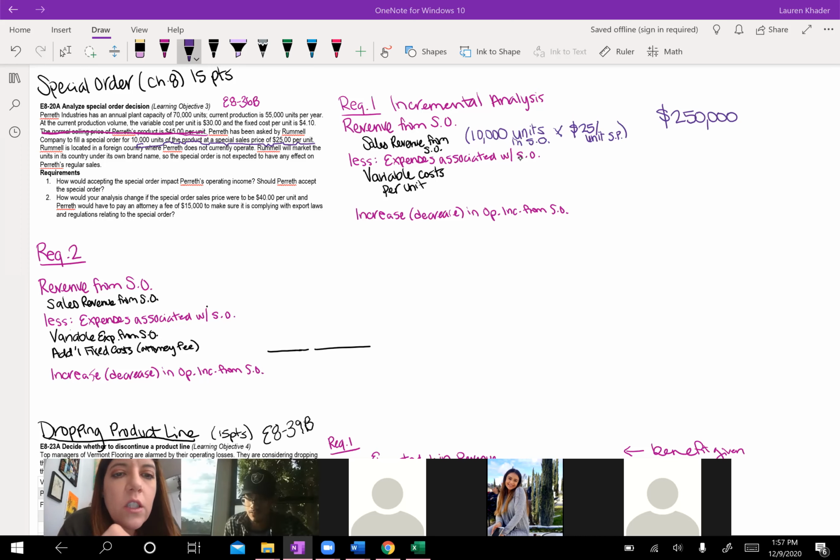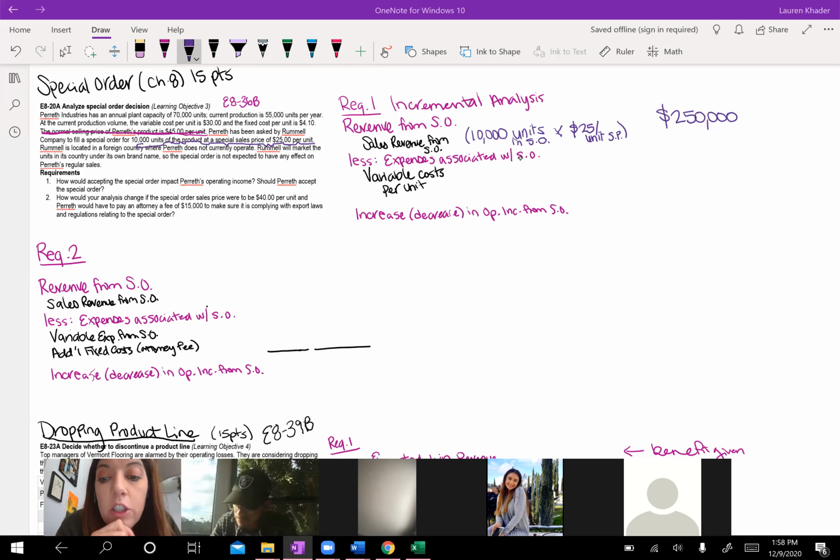Which of our costs are going to increase? If we have an increase in sales, we're going to have an increase in certain types of costs. Fixed costs are not going to change unless stated otherwise. They said nothing about fixed costs changing, so we're assuming that the fixed costs of 410 are covered by their normal volume of sales.